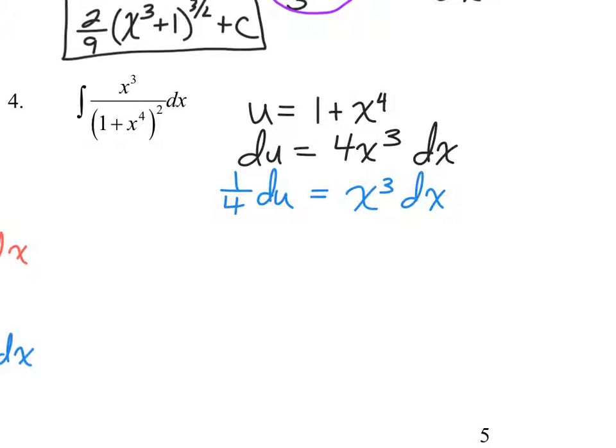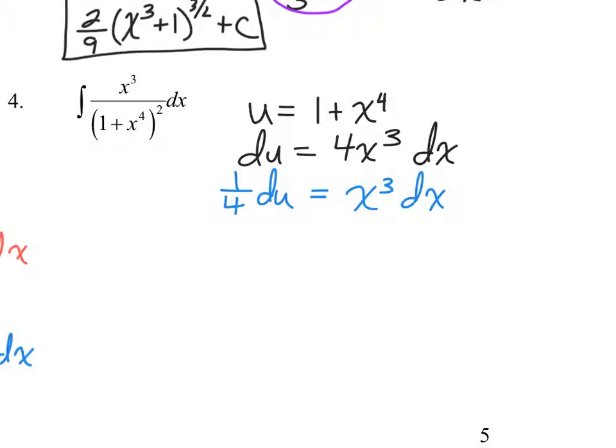All right, so this is the part where you kind of have to survey the landscape and see what's going on in the integral, what you need to swap out. Because the 1 plus x to the 4th is going to go away just by the presence of u. It's the x cubed that we want to go away. So when I come up with 4x cubed, I need to make an adjustment on that so that it allows me to only cancel out the x cubed and also the dx.